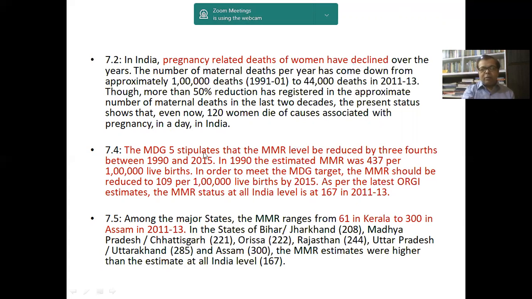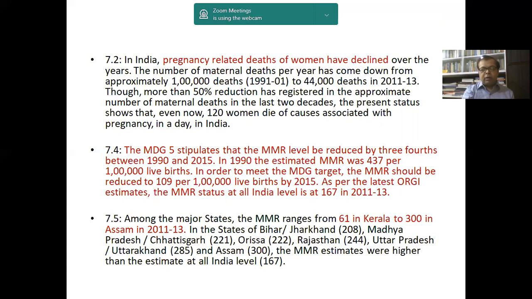Now, the MDG 5 stipulates that MMR level be reduced by 3/4 between 1990 and 2015. In 1990, the estimated MMR was 437 per 1 lakh live birth. In order to meet the MDG target, MMR should be reduced to 109 per 1 lakh live birth by 2015. As per the latest estimates, the MMR status at all India level is 167 in 2011-13.